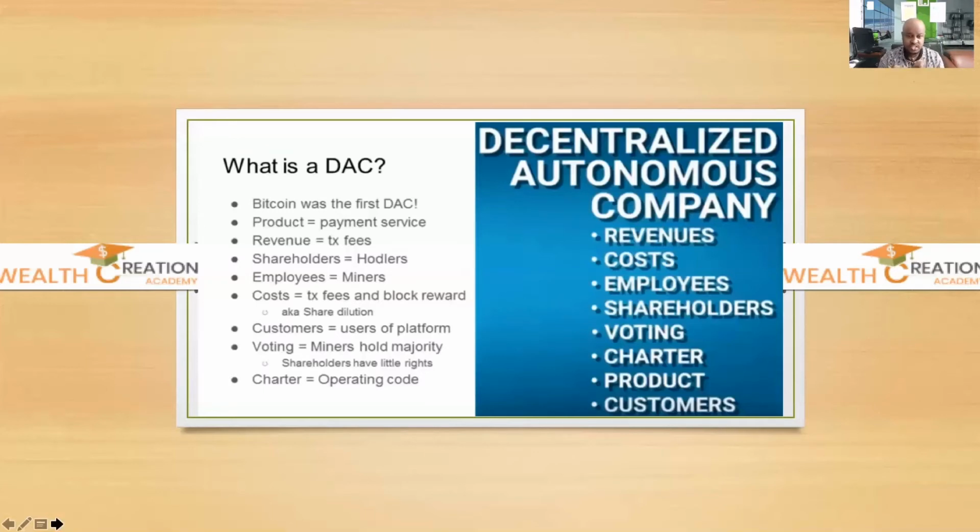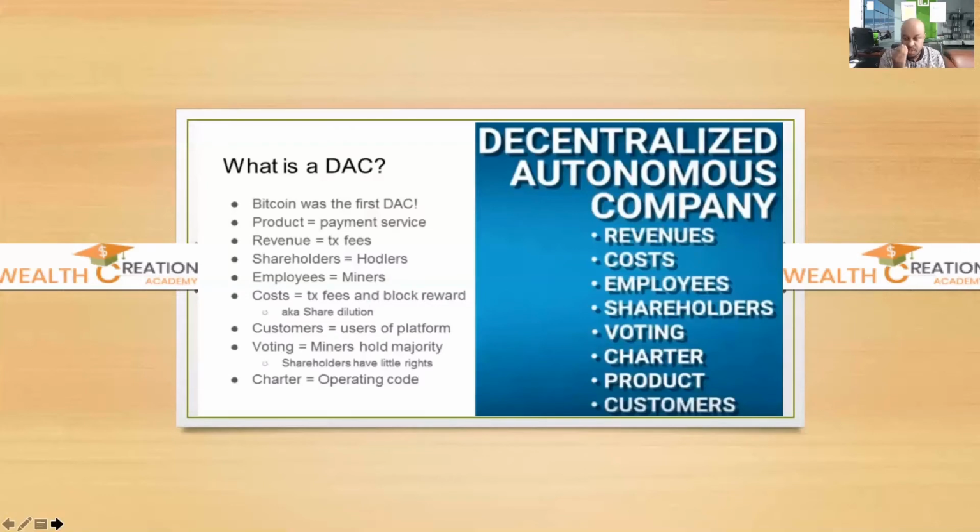Okay, the charter is basically the operating code. It's the source code of the Bitcoin blockchain, which is open source, and that is like the charter of it. When you hear about a decentralized autonomous company, this is what you can use to verify that it is truly a DAC.